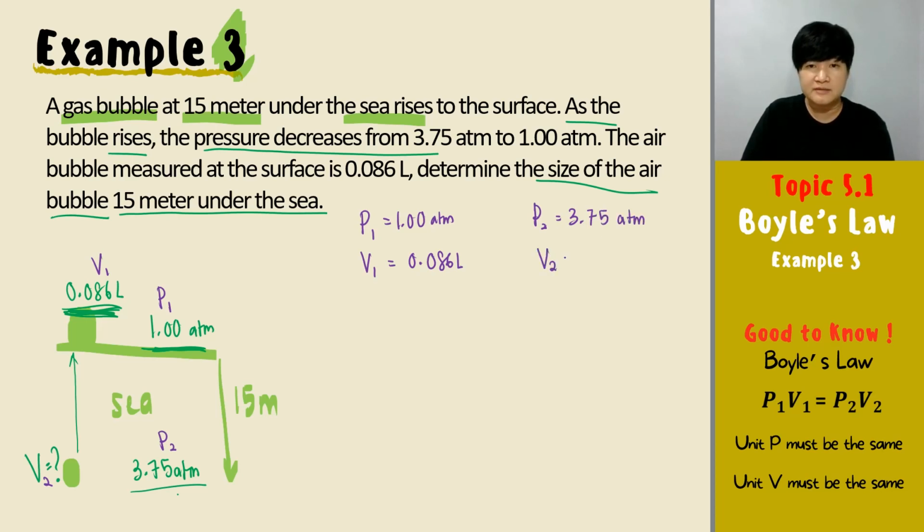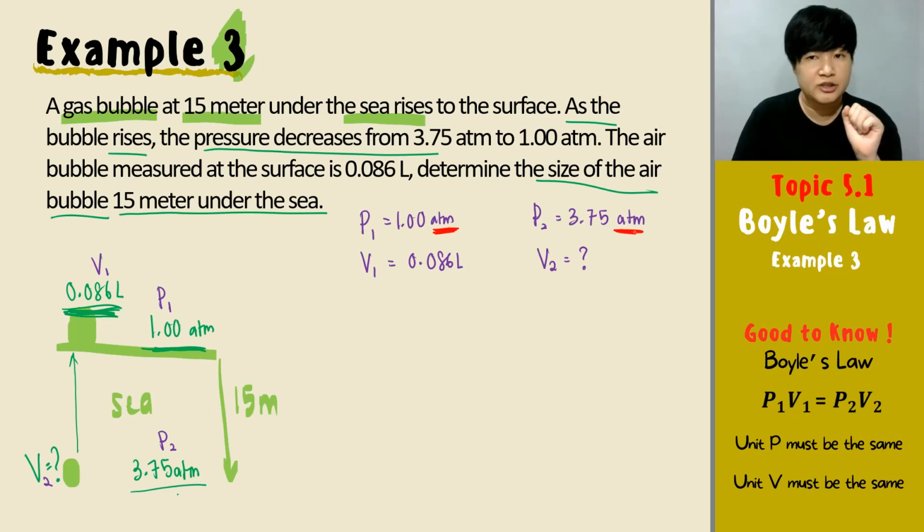Your V2 is the one that we are looking for right now. And before we do anything, always check the unit. You have atm for pressure, you have atm for pressure. Done. Check. Your volume is in liter for the V1. Therefore, when you use the formula to calculate the V2, your volume 2 must also be in liter. Make sure you cross-check the unit.